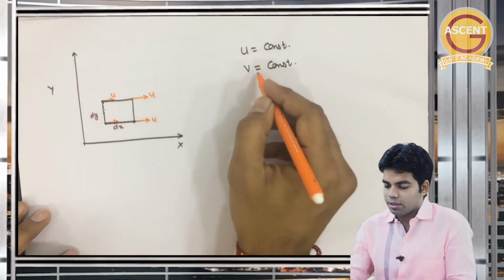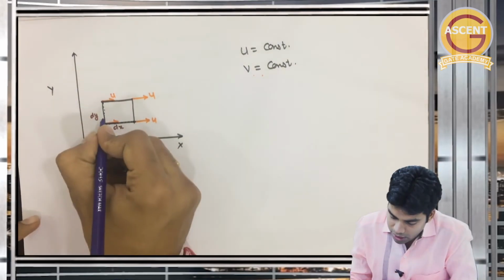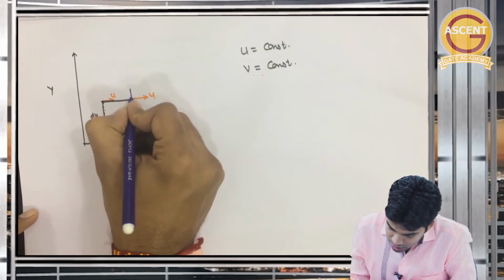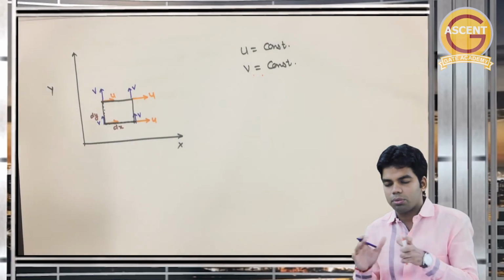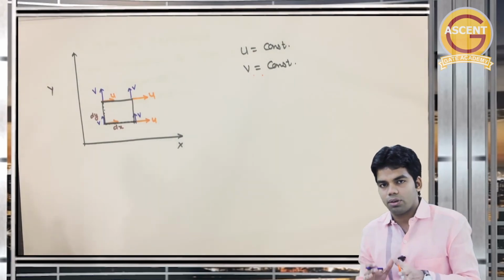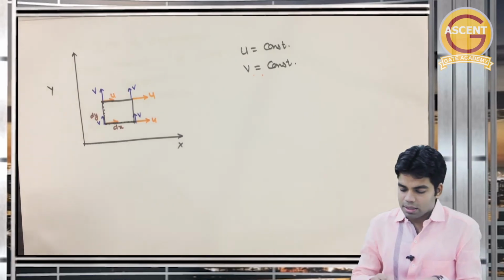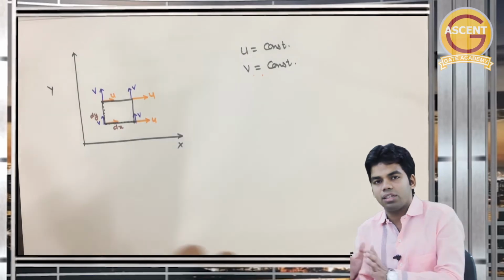Similarly v is also constant. That means if this point has velocity v in the y-axis, this point also has velocity v, and this also has velocity v. All the points have the same velocity in the x and y-axis. Now what does this mean? This means the whole particle will be parallelly shifted.